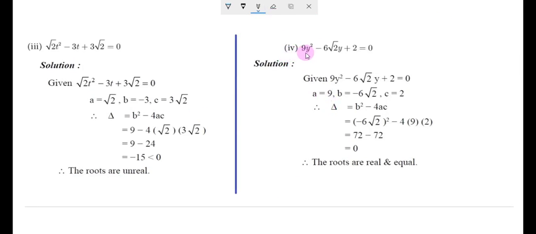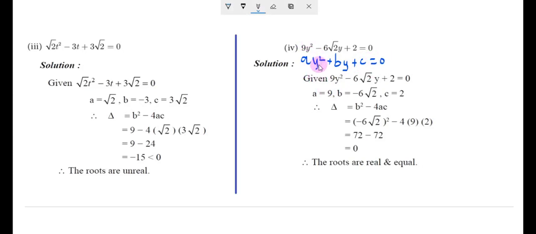Now subdivision 4. 9y square minus 6 root 2y plus 2 equal to 0. The same way we may write its general form, ay square plus by plus c equal to 0.